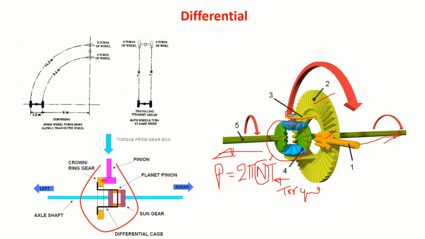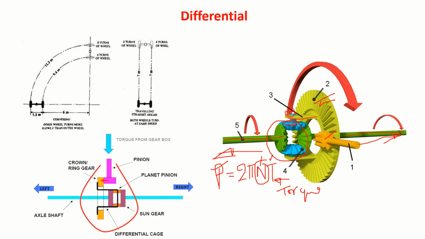It rotates because this is rotating, and it further rotates because of this rotation. So one side will have a higher speed, and on the other side it will have a subtraction, a lower speed. So one will cover more distance, the other will cover less distance. In this case, the torque transmitted remains the same. The one which runs at higher speed gets more power, and the one which runs at a lower speed gets less power. Right? That's how it works.